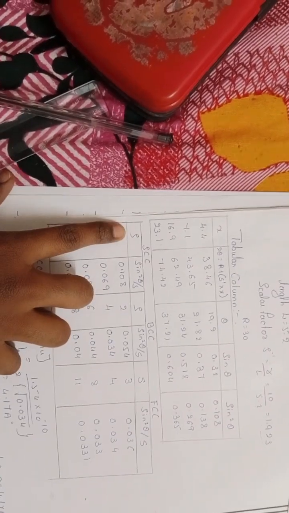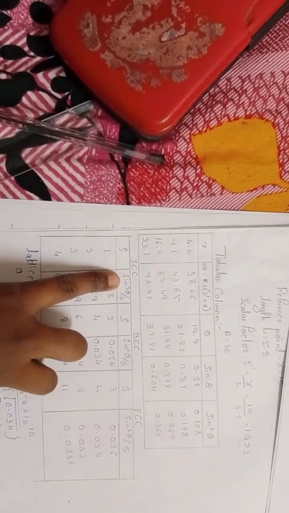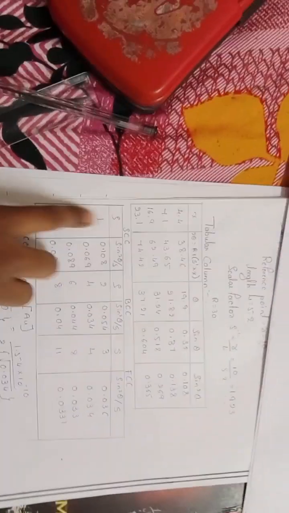Here we have a formula, sin square theta by S. This you have to remember, and it is very easy. For S values, for a simple cube we have 1, 2, 3, 4, 5, 6, 7, 8 like that. For BCC, they are all even numbers, very simple: 2, 4, 6, 8.